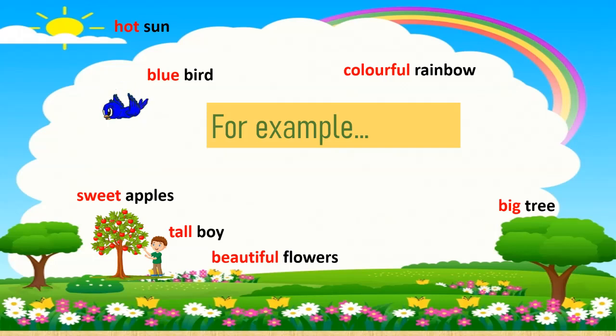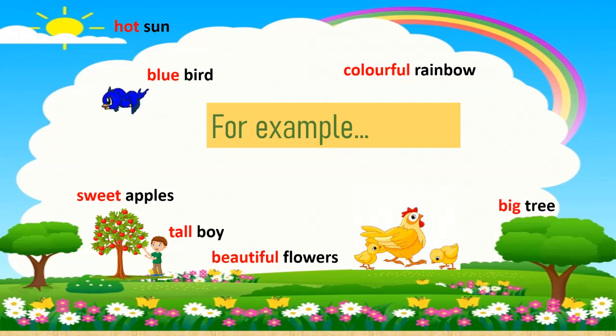Yes, tall is the describing word. It is describing the boy. Look over here. How many chicks does the hen have? One hen and two chicks. Here, one and two are adjectives.